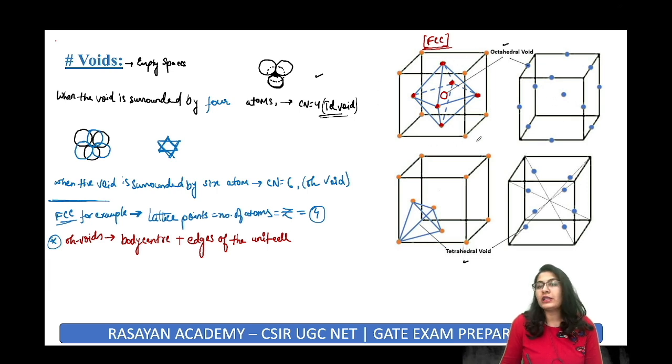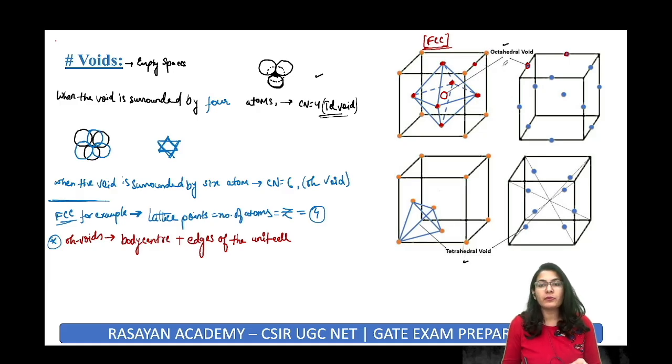So where are all the octahedral voids? See देखो, on the edges, because you know the edge is shared by different lattices, right? So एक unit lattice के surrounding में और भी unit lattice होते हैं, right? So this one is surrounded by at least 4 different lattices. So 4 different lattices में और भी atoms आएंगे, 1, 2, 3.